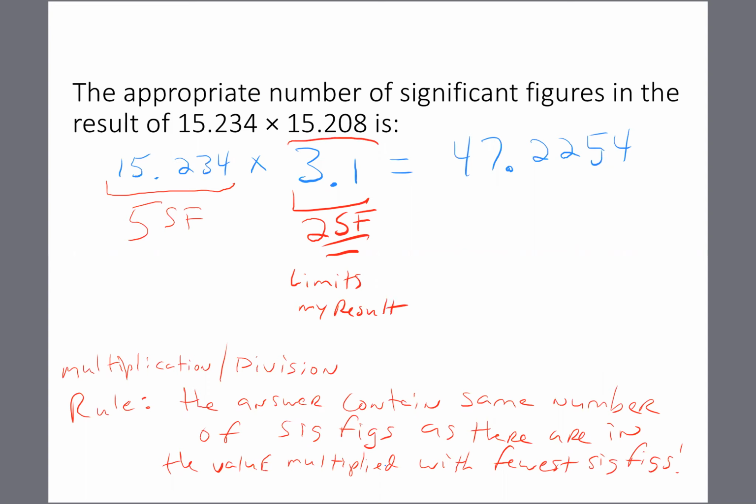That's the one with the fewest sig figs. That's the one that limits your outcome and your result. So can I keep all these numbers in my result? No, absolutely not. What I need to do is round this down to only 2.